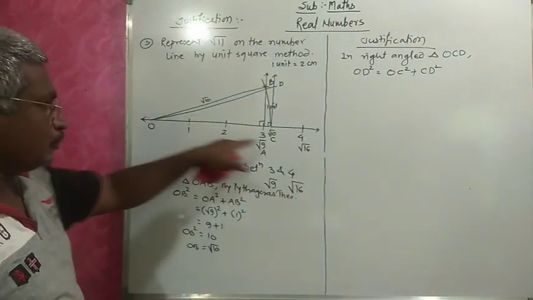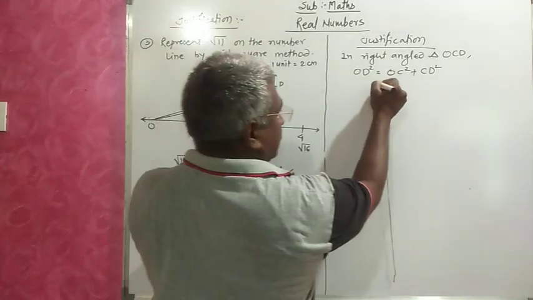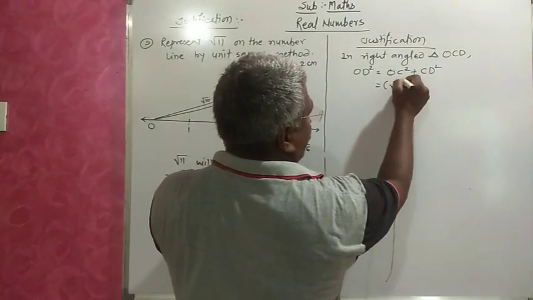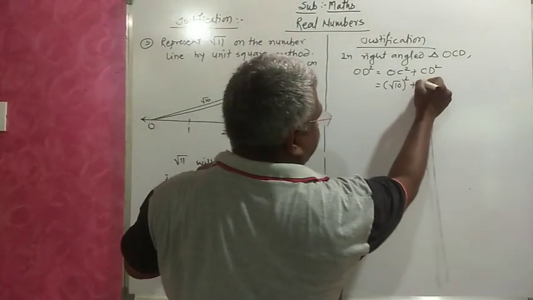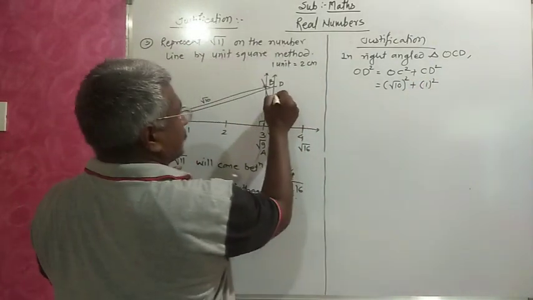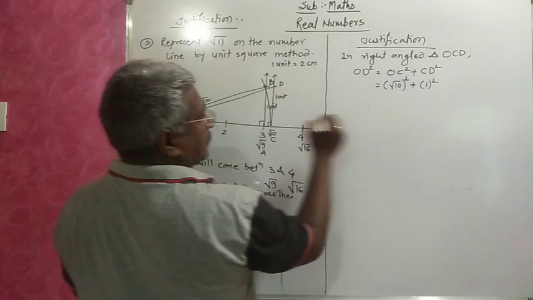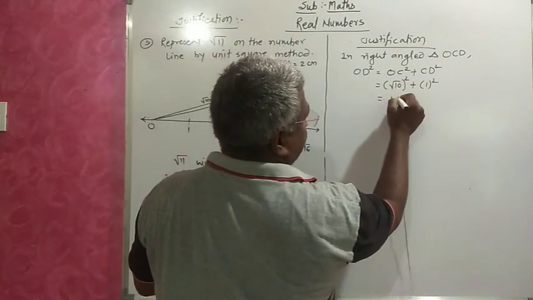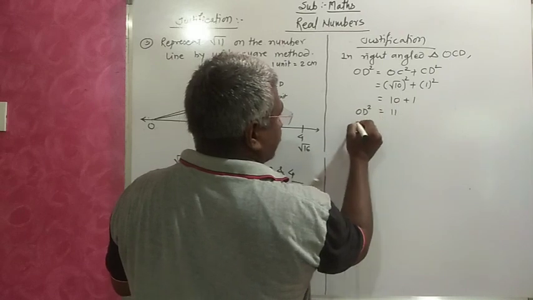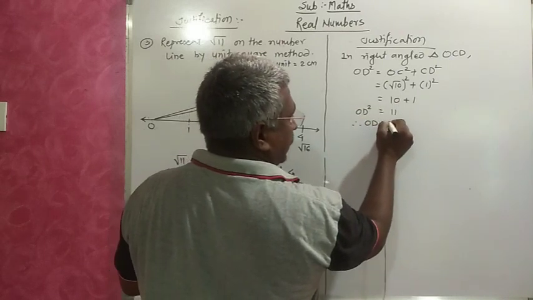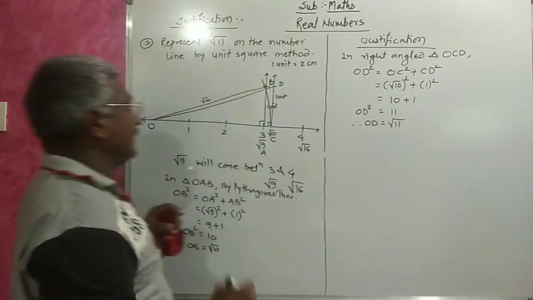What is the length of OC? Root 10, whole square. What is the length of CD? 1 unit. So what will we get? 10 plus 1, 11. This is OD square. Therefore OD equals root 11.